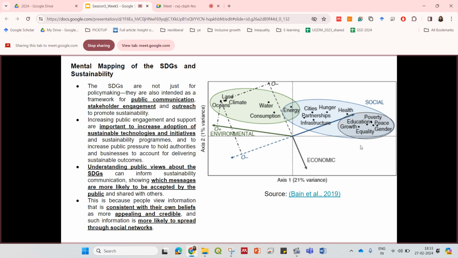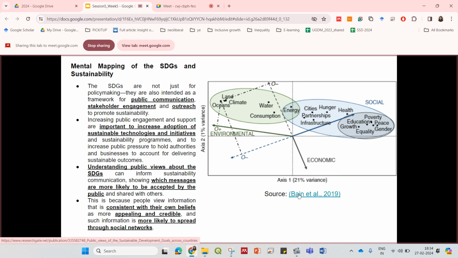Then there is a clear cluster following more towards the social sector, but a part of this is more related to the environmental, and another part is falling more towards the economic. However, none of the SDGs fall greatly into the economic sector, but things like poverty, education, peace, gender equality, and growth follow a little bit towards the economic sector. So this is the perception of a certain kind of population, which has been studied by this study.